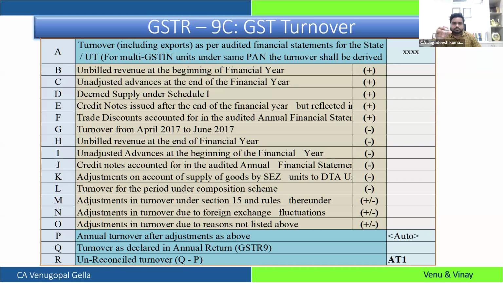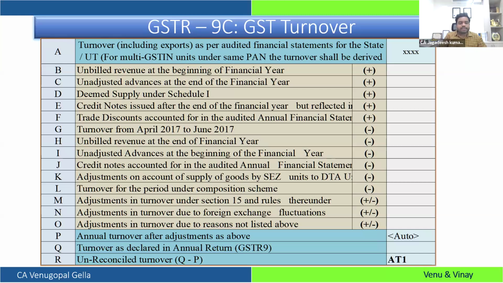For that reason, we have to ascertain the turnover as per GST by making all these adjustments. If you see table 5 of GSTR-9C, you can see the standard reasons for the book turnover not matching with the GSTR-9.